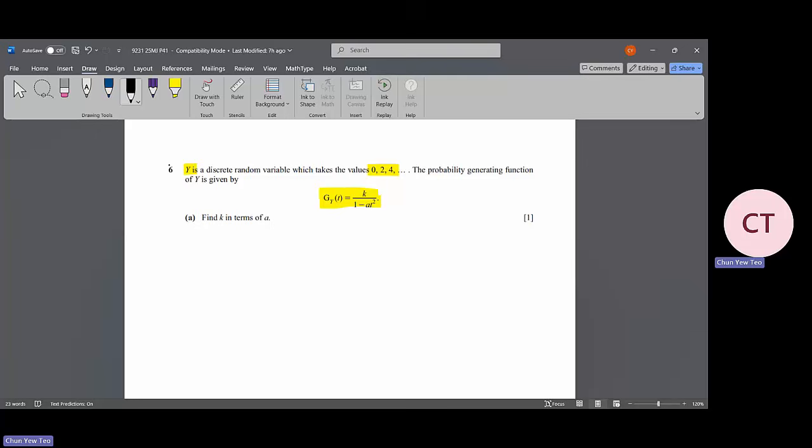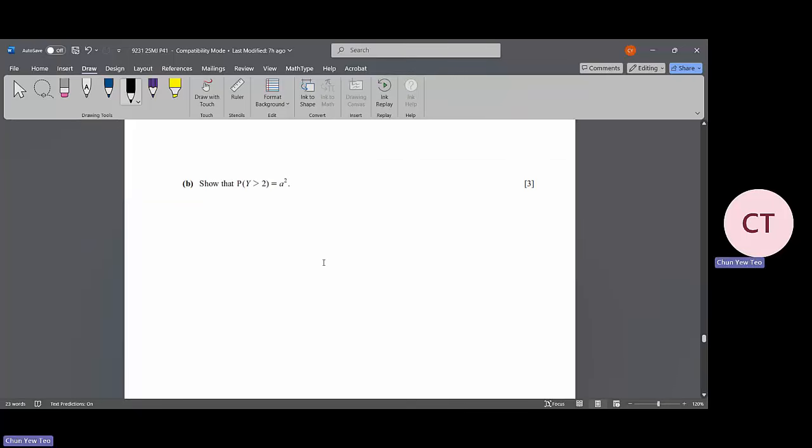Find k in terms of a. So we need to know that for a PGF, G(1) is equal to 1. That means k over 1 minus a is equal to 1. Therefore, k is equal to 1 minus a. Done. This is the answer for question number 6A.